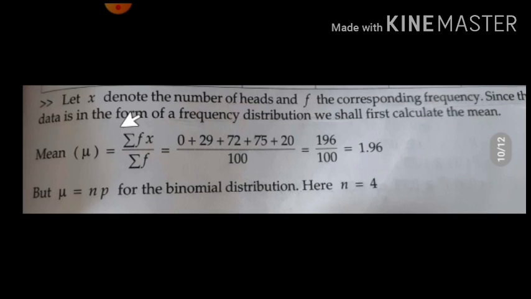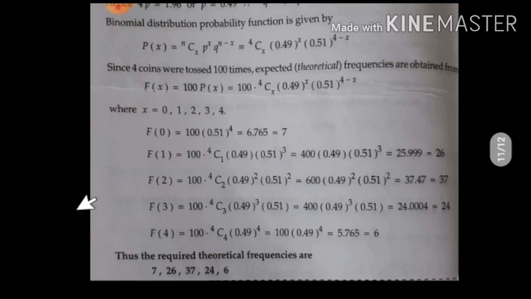The mean is summation fx by summation f, where we obtain the mean value as 1.96. According to the binomial distribution, the mean is n into p. I know the mu value, I know the number of data value as 4. So substitute 1.96 divided by 4, we get p.